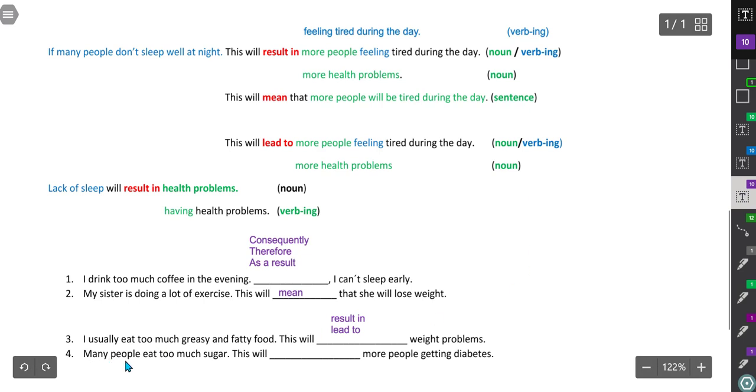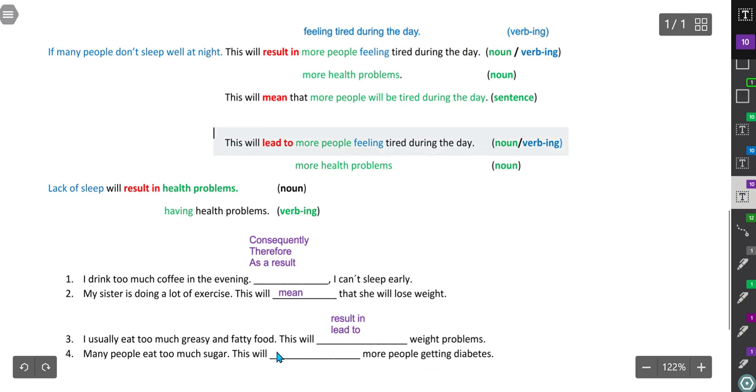Then number 4, many people eat too much sugar. More people getting diabetes. Okay, so more people getting diabetes. If you pay attention, we have a noun and we have a verb in ing. It's similar to this example, check, and also is very similar to this example.